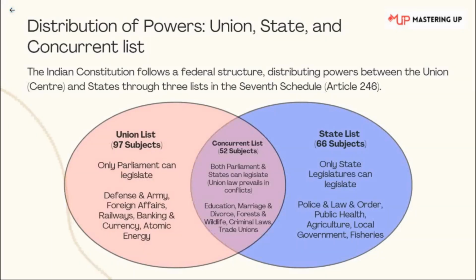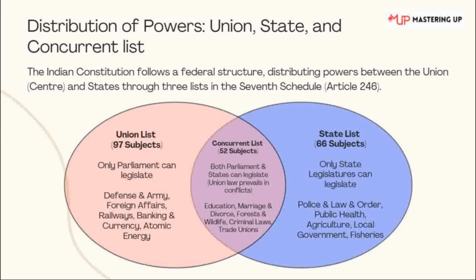Moving on, understanding the distribution of powers among union, state and concurrent list. The Indian Constitution follows a federal structure distributing power between the union, center and states through three lists in the 7th schedule, article 246.